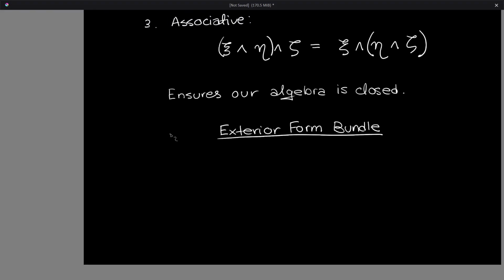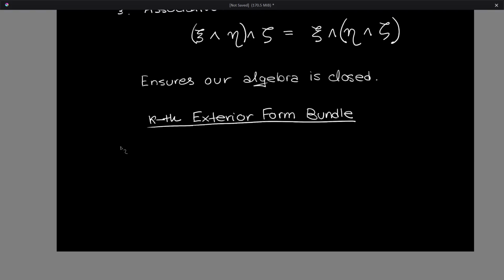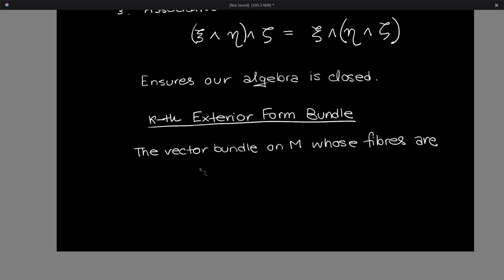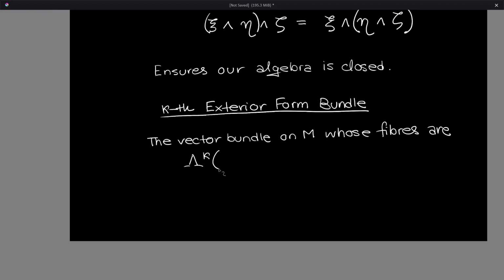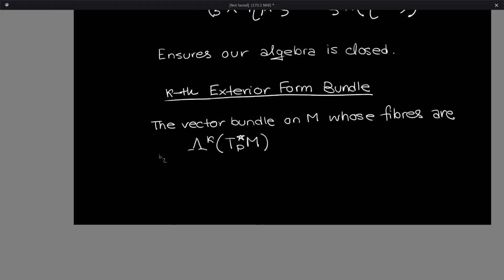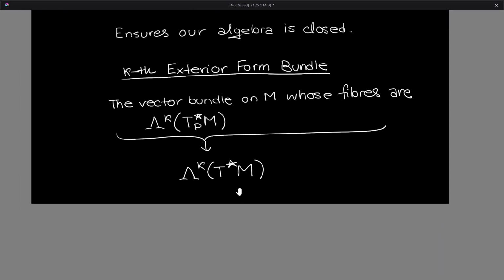And so this is going to be the kth exterior form bundle, and it's going to be the vector bundle on M whose fibers are lambda k Tp star M. And we call this whole space lambda k of T star M. So that's the second thing that we were talking about at the prelude to this episode, right?